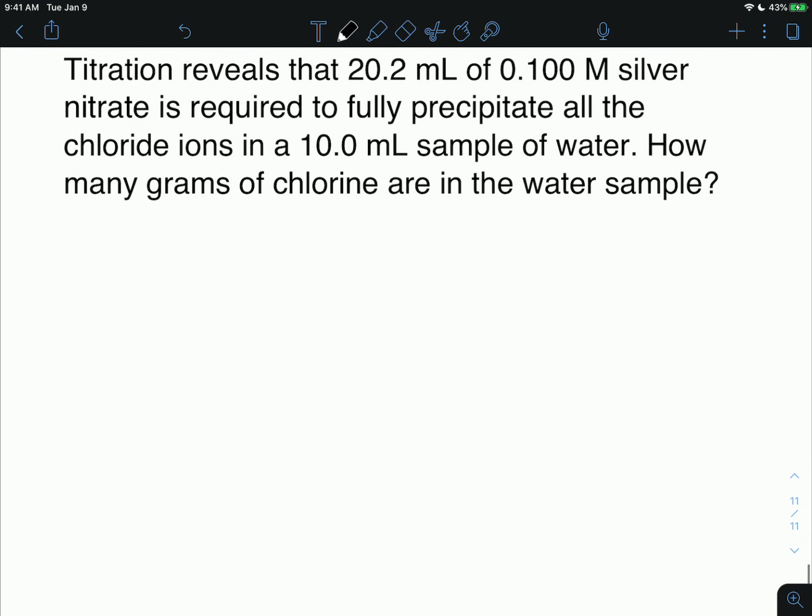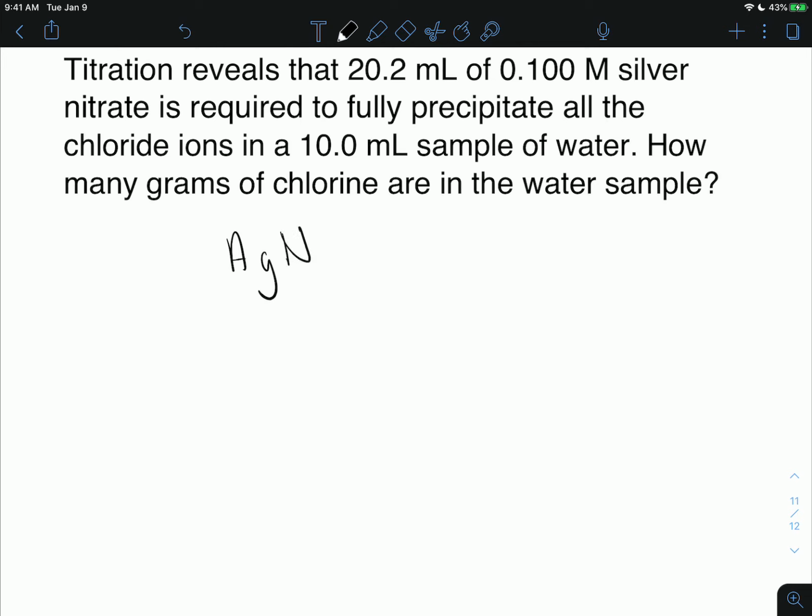There are titration problems that are going to be a little different. They're not necessarily going to be acid-base neutralization reactions, but they're going to be a reaction that has an endpoint that we can solve for. So first up, we've got a stoichiometry and titration problem. We need to know what our balanced equation is.